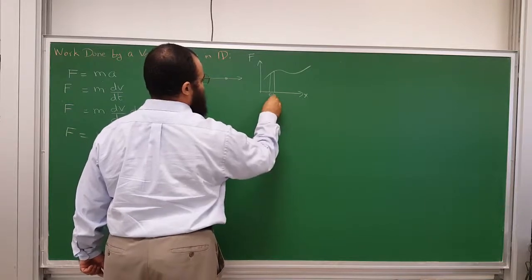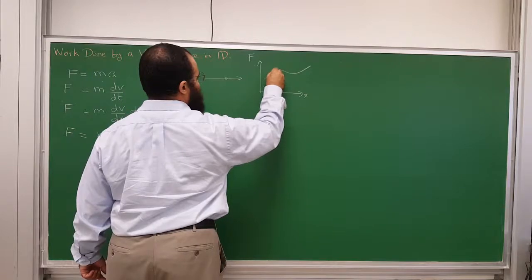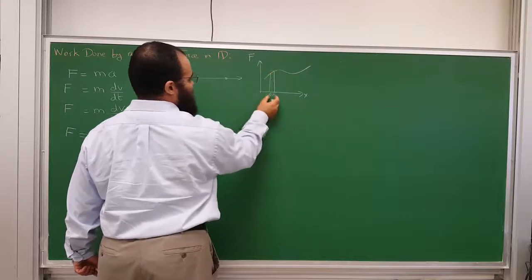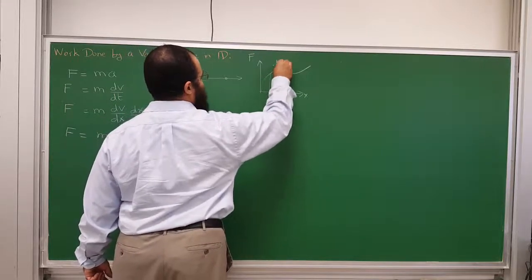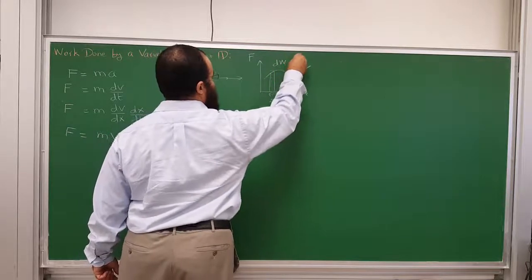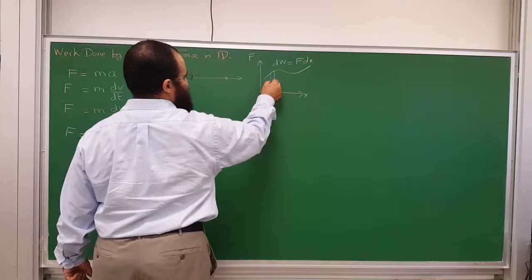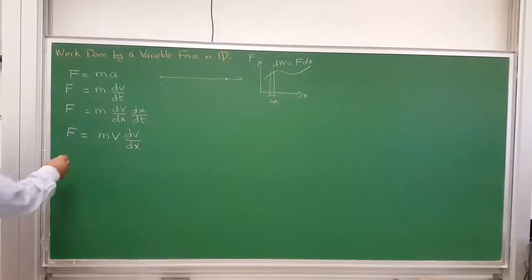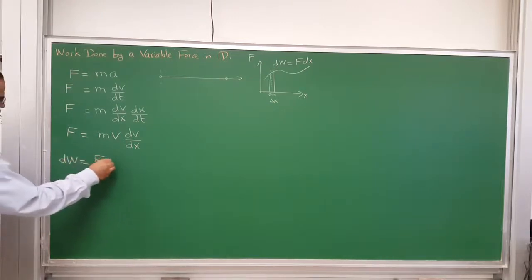If you like, you can call it delta x. And say that the force within this delta x will be constant. So the amount of work I do within an interval delta x is an amount of work called delta W or dW, and it is equal to the force times dx, whatever the force is at this instant times dx. So dW will be F times dx.